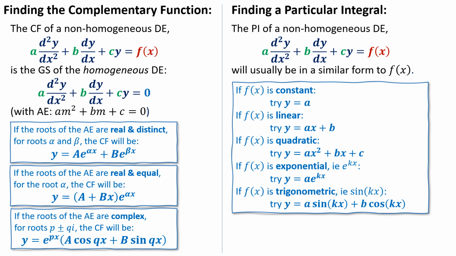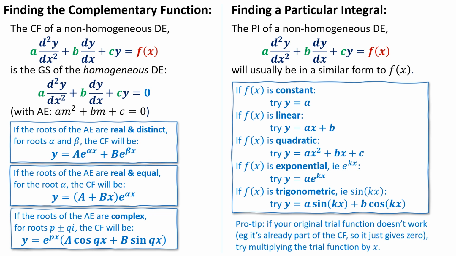One final little bit that's worth thinking about, we'll explore more carefully in a subsequent lesson, is if your original trial function doesn't work, chances are that's because it already forms part of the original equation. So for instance, if you think back to the first example we had, the general solution to the homogeneous equation had an e to the 2x in it.